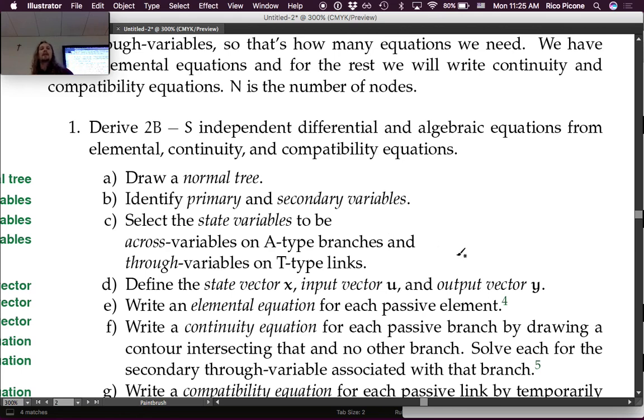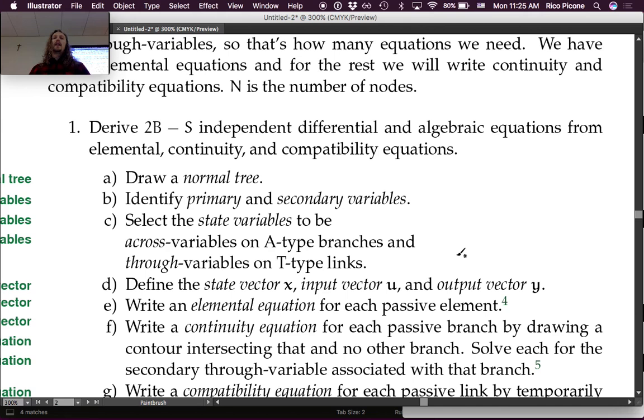And once we know our state variables, what do we know about the system? A key aspect of the system: the system order, right? We know the order of the system, which we defined to be the number of state variables. So once we find the state variables, we know what the order of the system is.